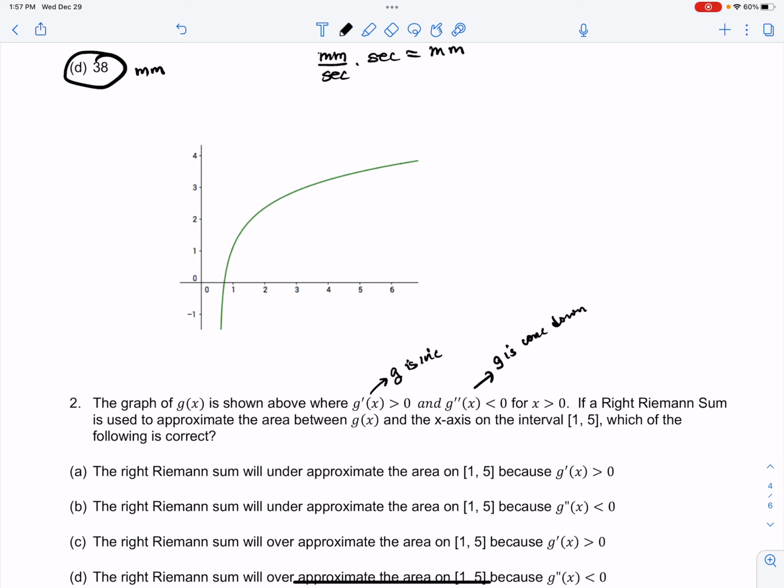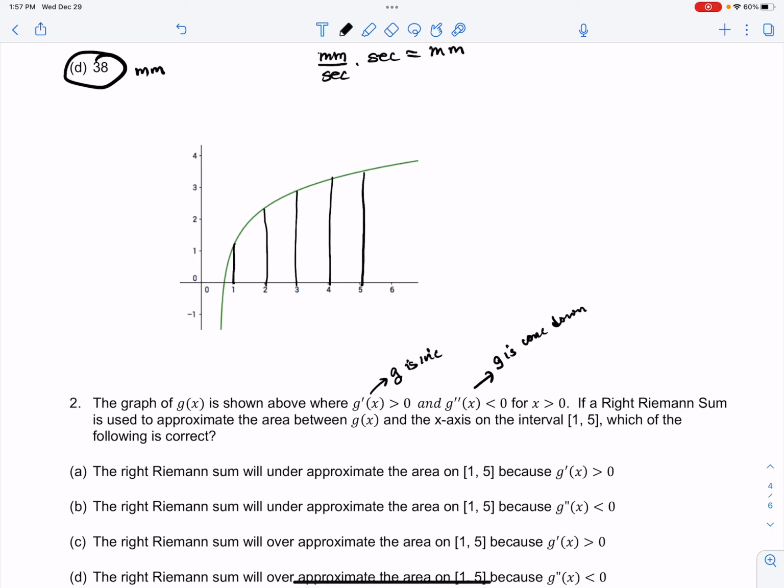Okay, so if I was to use right RAM from 1 to 5, it doesn't say how many subintervals, so I'll just divide it up the way I have it. It doesn't tell me 5 subintervals, but I'll make 5 subintervals.